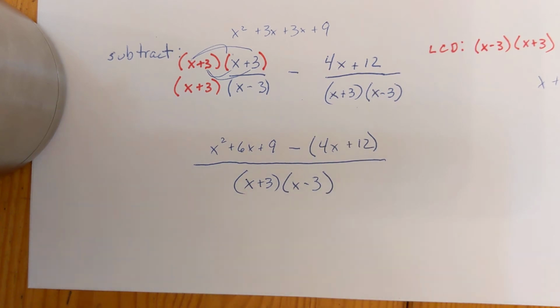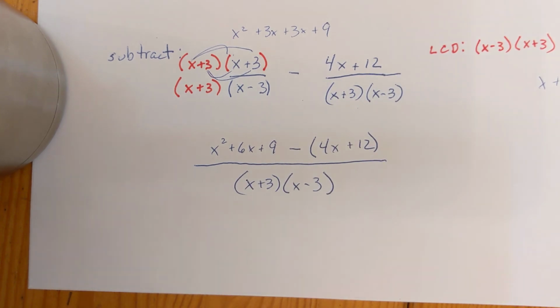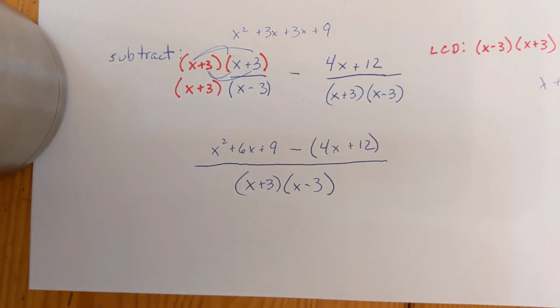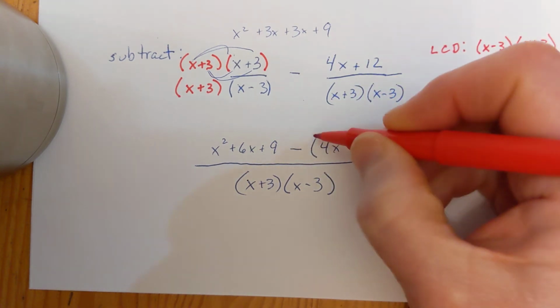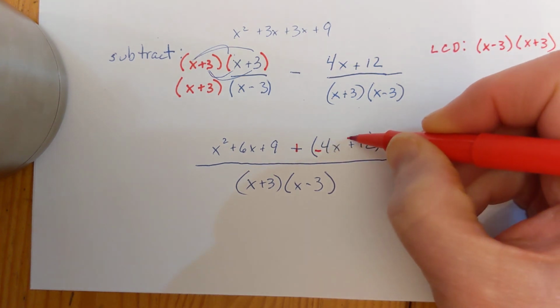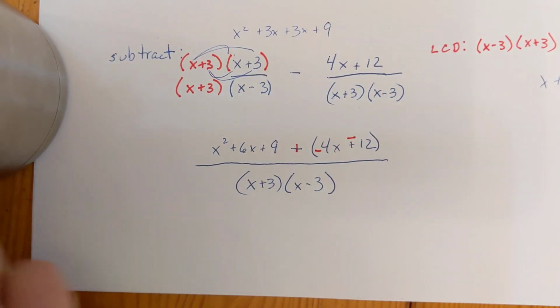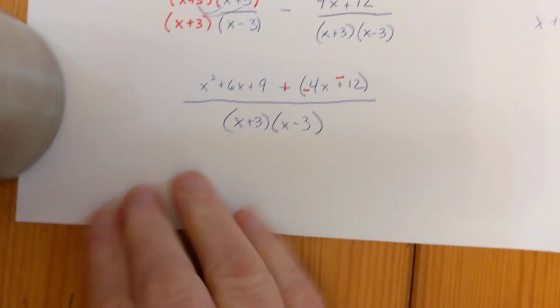It's important that it's the least common denominator, again, because otherwise you're going to end up with polynomials that are very difficult to simplify. I'm going to distribute my negative. So this will become a positive, this will be negative, this will be negative. Now I can get rid of my parentheses.